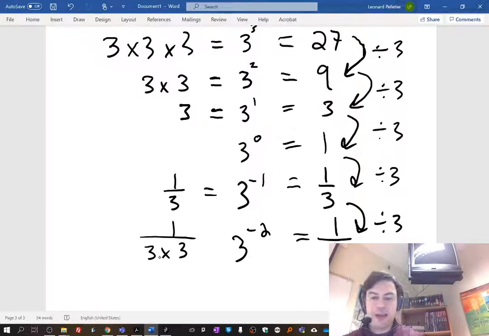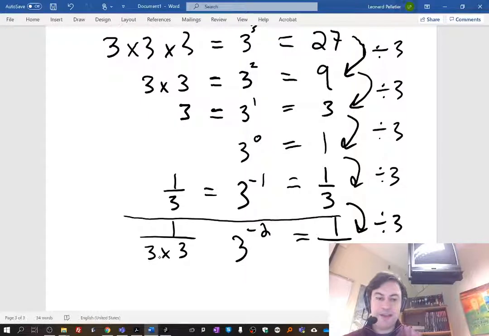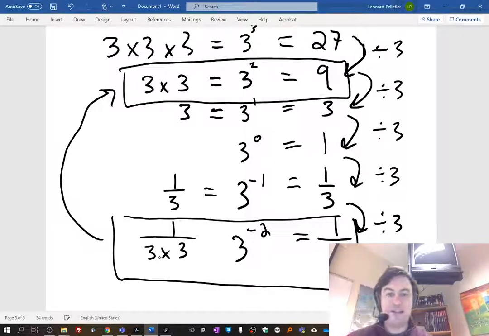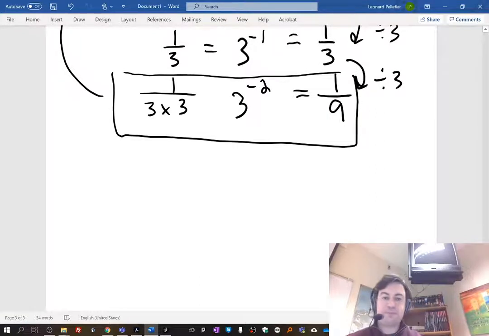Compare this line, 3 to the negative 2, with this line up here, 3 to the positive 2. 3 to the power of 2 is 3 times 3. 3 to the negative 2 is 1 over 3 times 3. So one is 9 and one is 1 over 9. A negative exponent does not mean a negative answer. It means you've actually flipped it underneath itself.